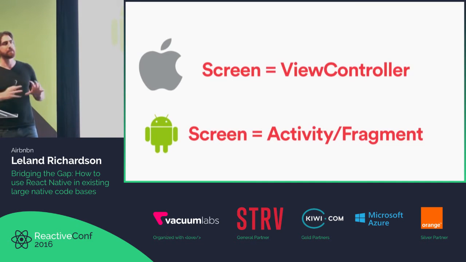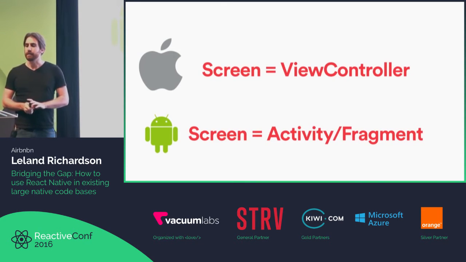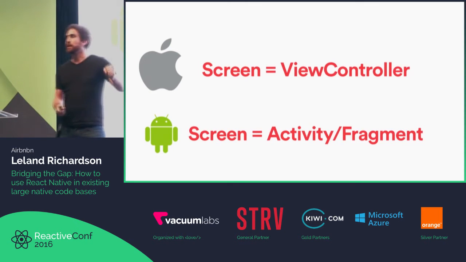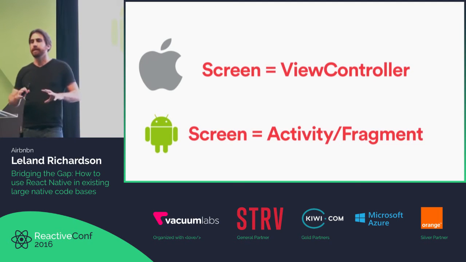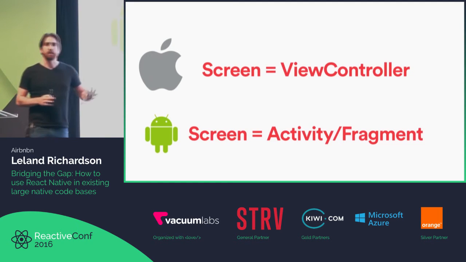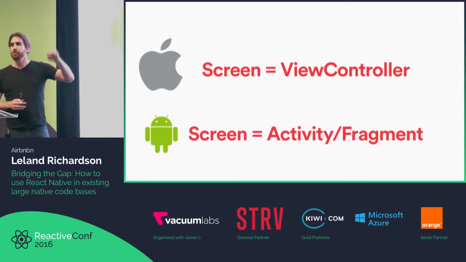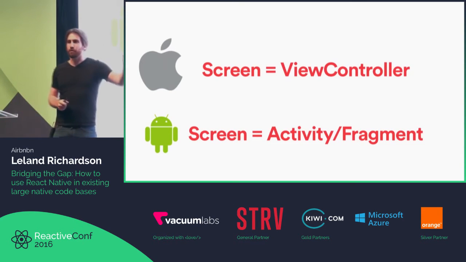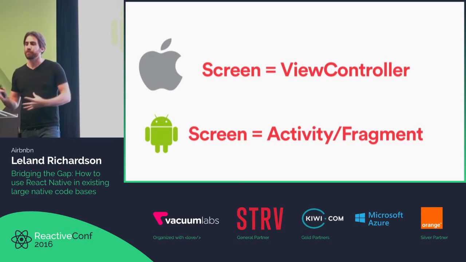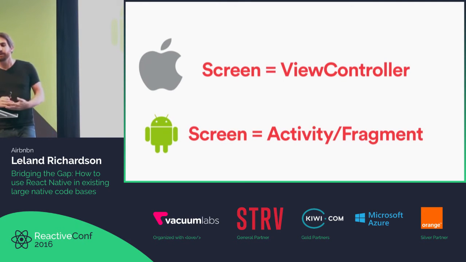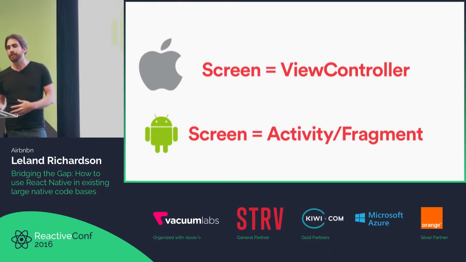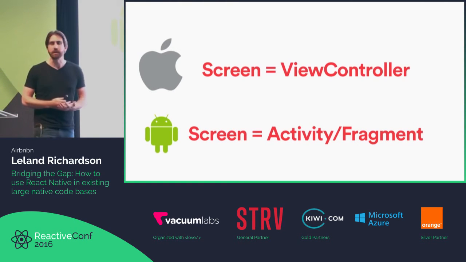The first fundamental difference here is that we're treating screens as the fundamental unit. React Native by default exists as the whole application inside one root view. What we're changing is we have a new root view for every screen, right? And we attach that root view and associate it with, in the case of iOS, a view controller, and in the case of Android, either an activity or a fragment.